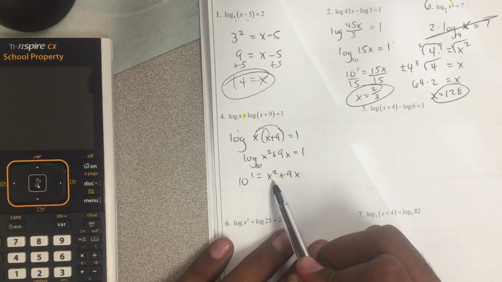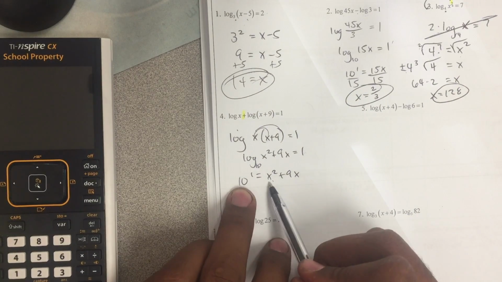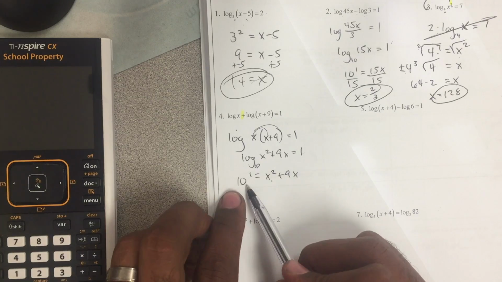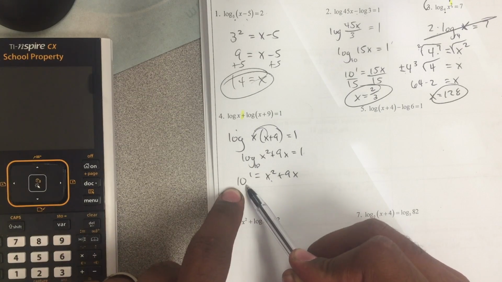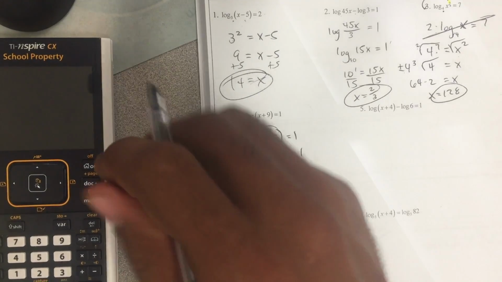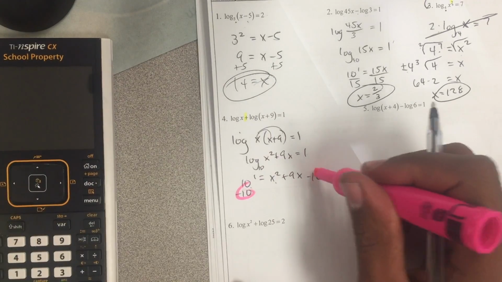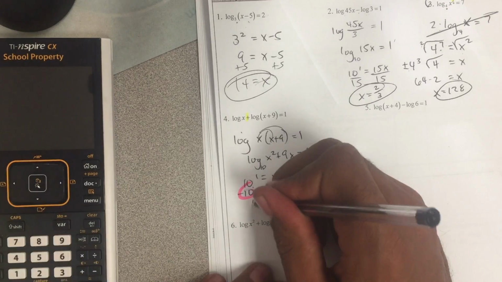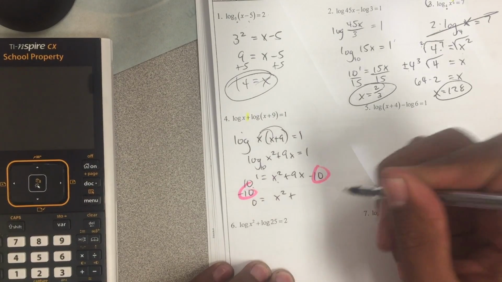And now if you remember, if we've got 3 different types of terms, an x term, an x squared term, and a constant, then we want to make it equal to 0. Okay. So now it's equal to 0, and now we want to factor this.